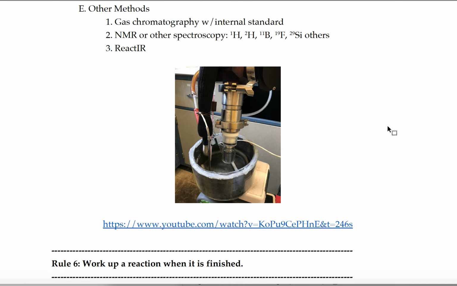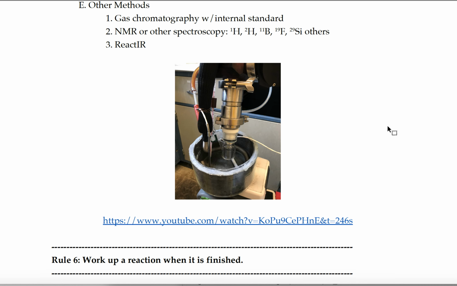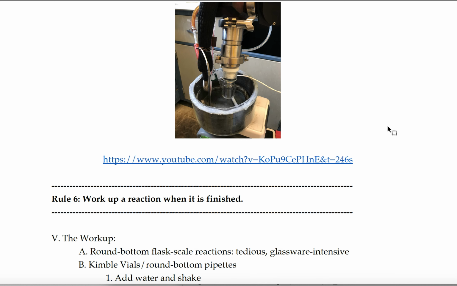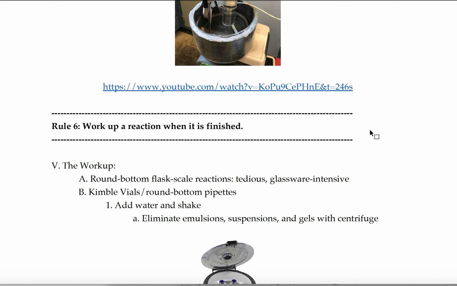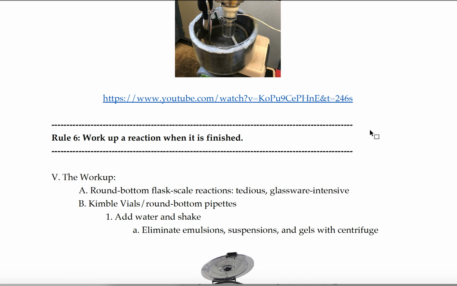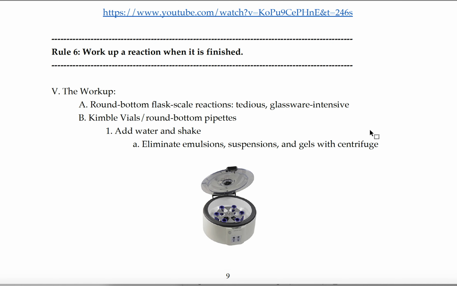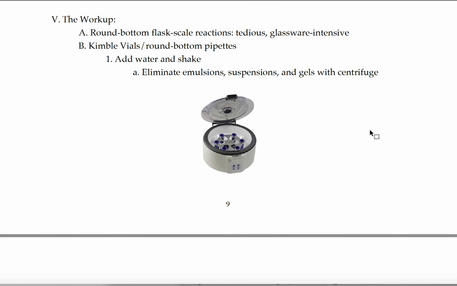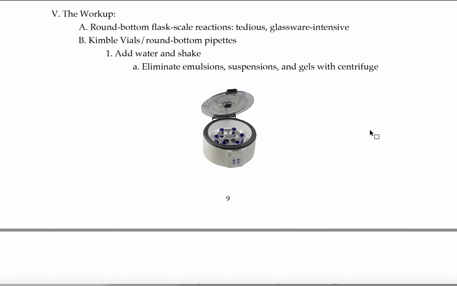And pharma guys don't care. They're working at 1 molar. But if you're working in academia, you don't want to be working at 1 molar necessarily. Okay, so that's monitoring a reaction. Always monitor the reaction. Do whatever you have to do to monitor that reaction. I'd be shocked if any synthetic chemistry advisors didn't agree with that one.